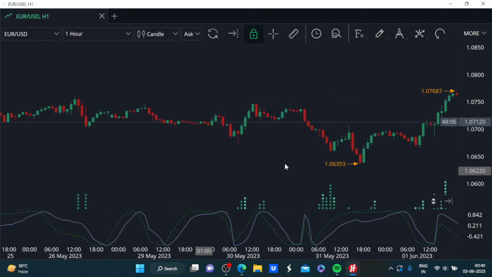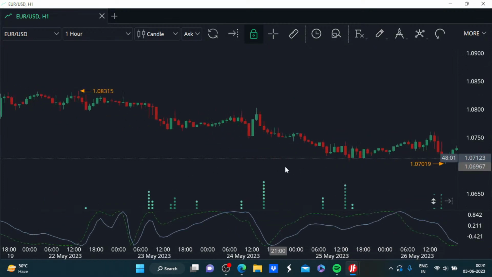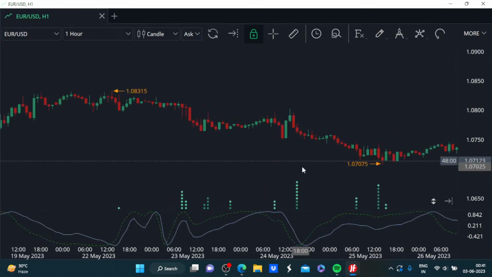And in a similar formation of this kind, you can also consider these scenarios where we had the sine and the lead sine output in positive territory, and from that we see this decline happening with sine output value being lower than the lead sine.